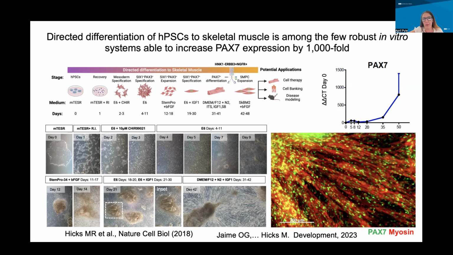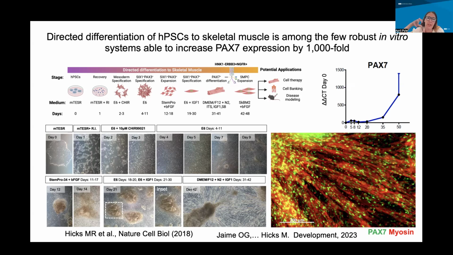And so there's a lot of key markers early on that will really help you determine if you have a good differentiation strategy. And this is outlined in this cartoon. So essentially we induce mesoderm specification towards a paraxial mesoderm. And one of the key drivers of this, at least in this protocol, is CHIR, which you've already heard about nicely from Omar.